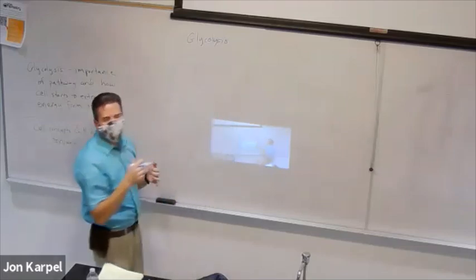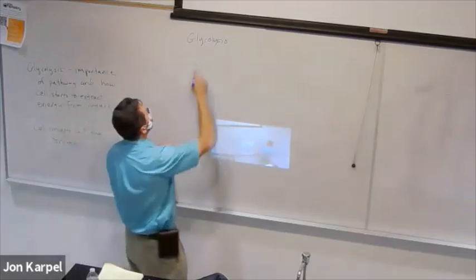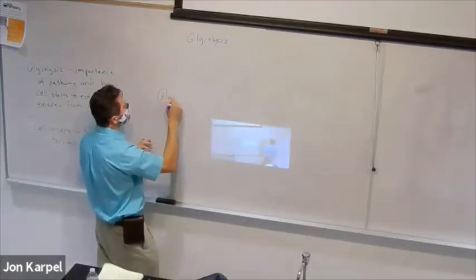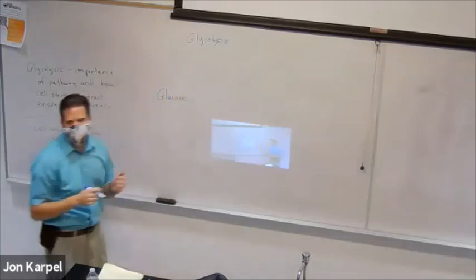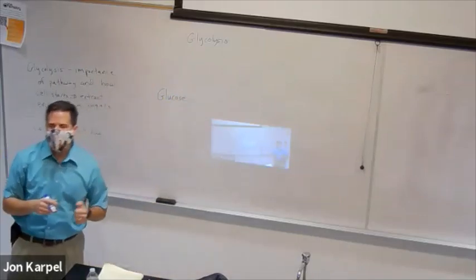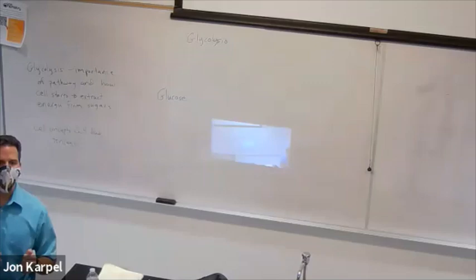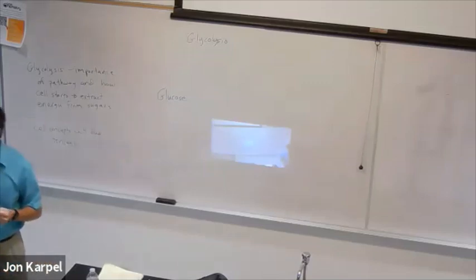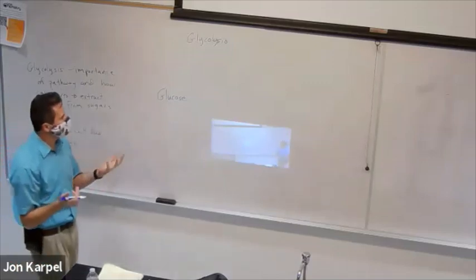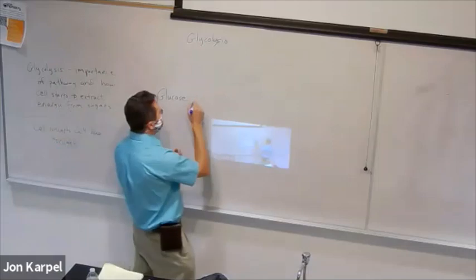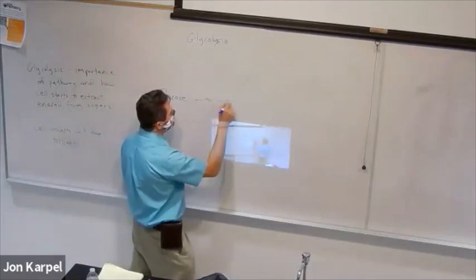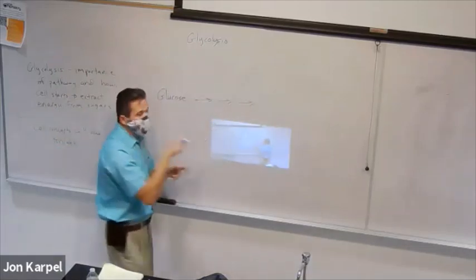Remember, it's all about breaking down sugars. We start with glucose. That's the preferred sugar source for most organisms, and it starts this pathway, which we find in most organisms. I'm just going to use several arrows here because we're not going to look at detail at every step.